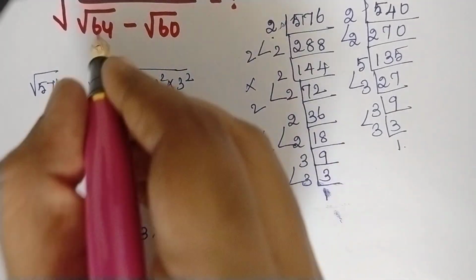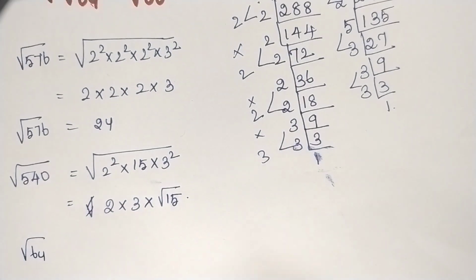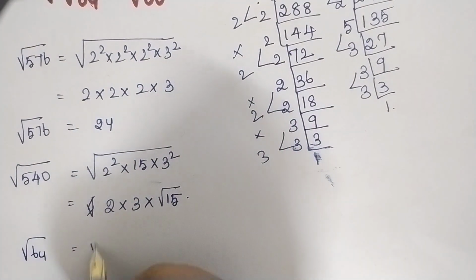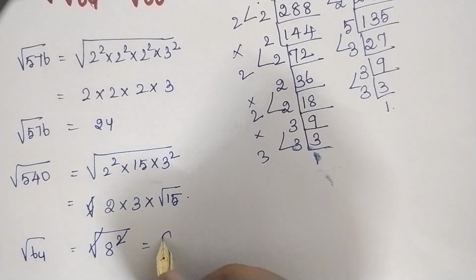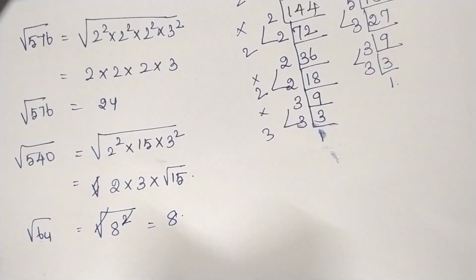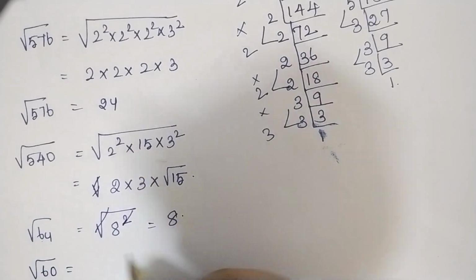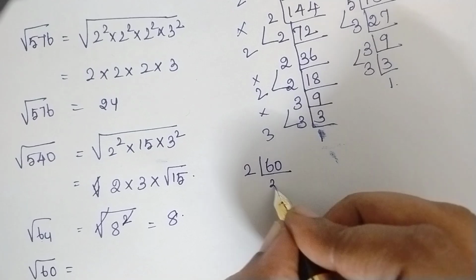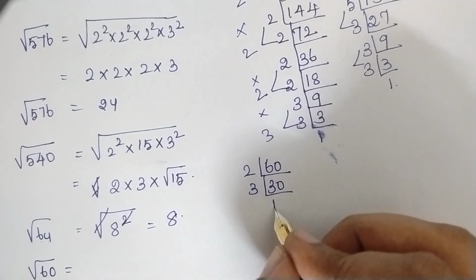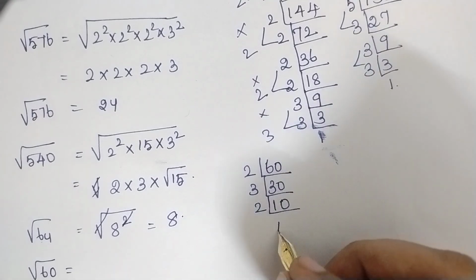So now we move to the 64. We know that root 64 is equal to root of 8 square. The root and square get cancelled, and I get 8 here. Now it's 60. Therefore root 60, which is equal to, just take LCM. 2 times 30, again 3 times 10, again 2 times 5.